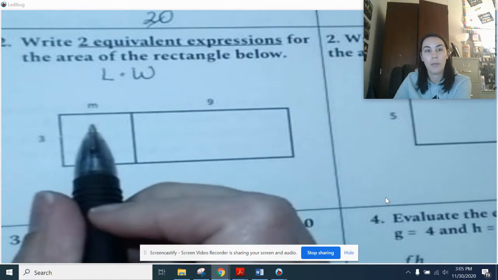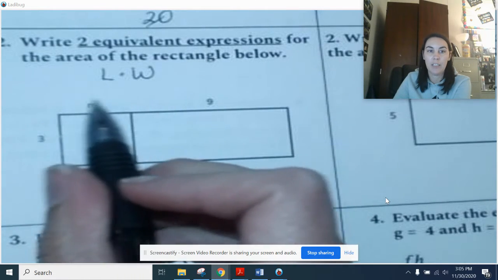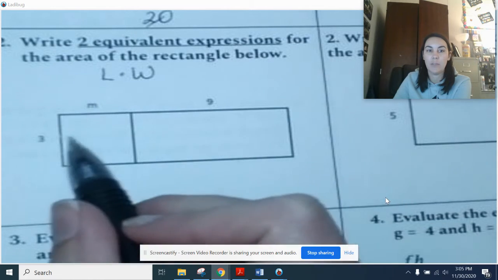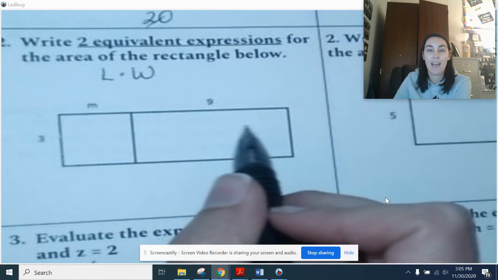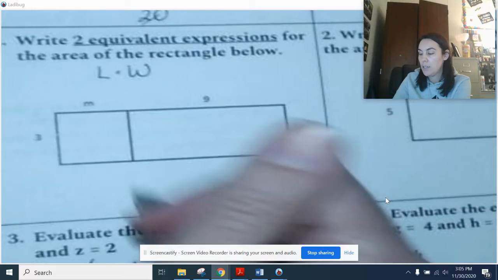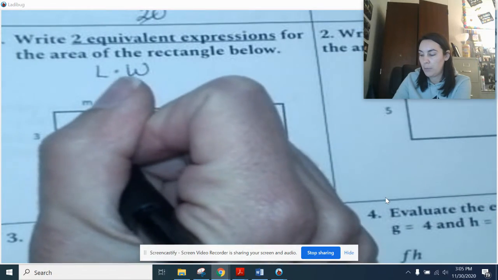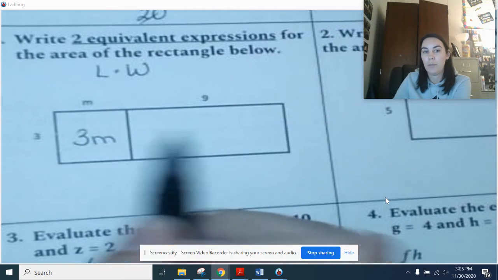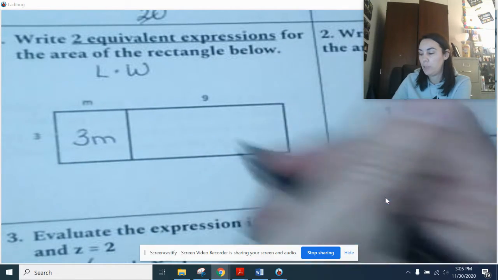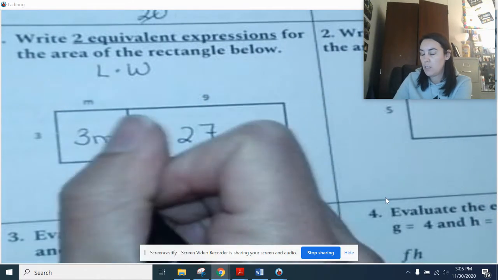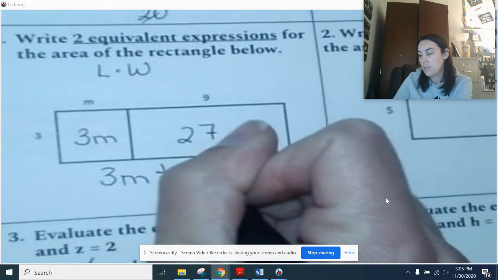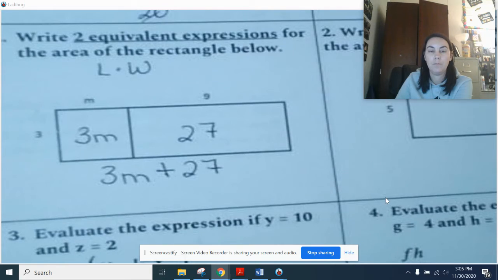So one way we could write an expression is finding the area of this and adding the area of this, because if we add these two areas, we would get the entire area of the rectangle. So we could say for this would be 3m, and this would be 3 times 9, which is 27. So one of our expressions could be 3m plus 27.